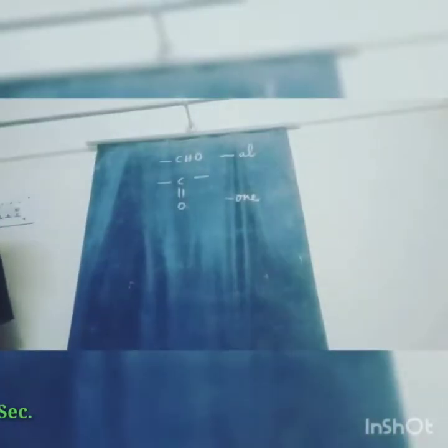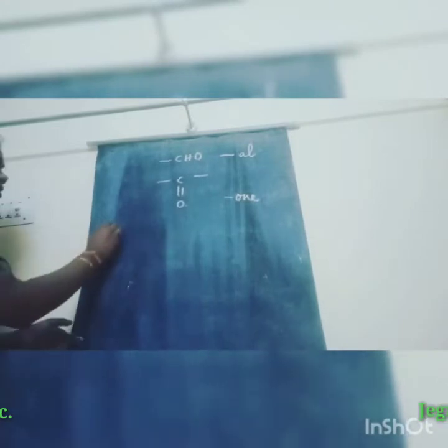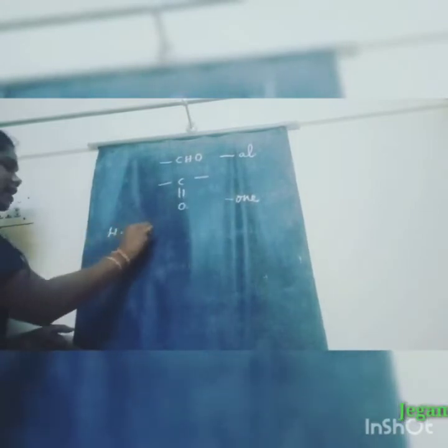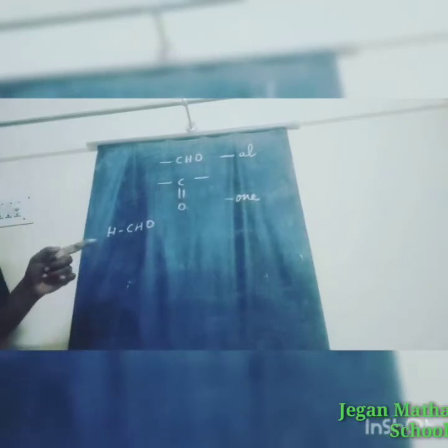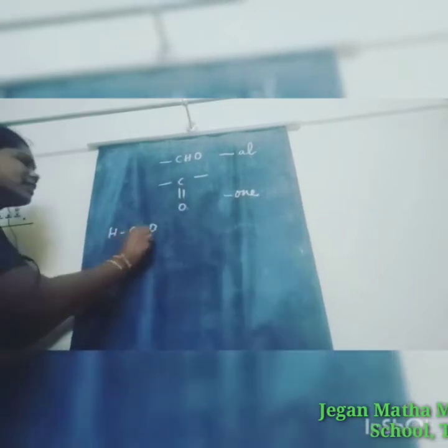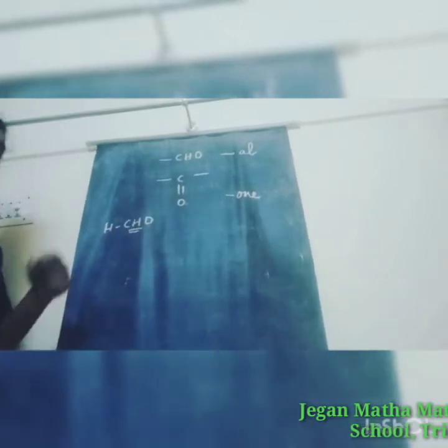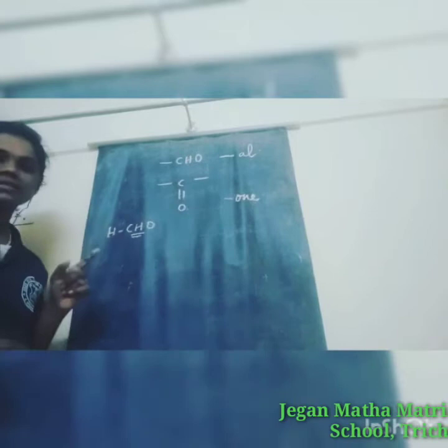The first formula, formaldehyde. Formaldehyde is HCHO. Here the functional group is the aldehyde group, CHO. First we calculate the number of carbons. How many carbons are present?